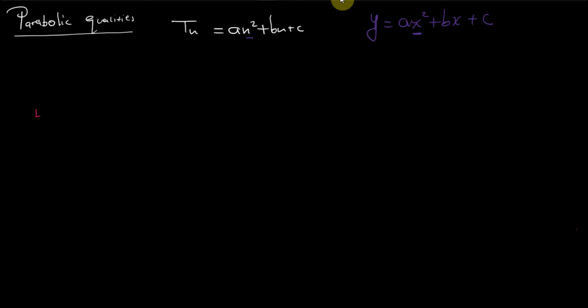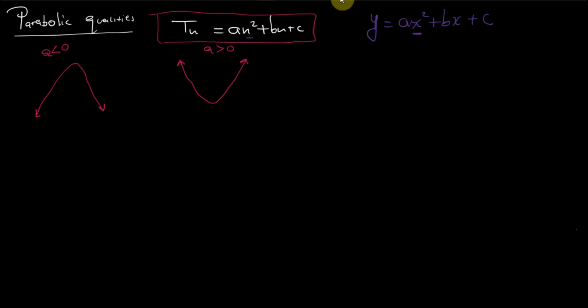So we know that a parabola can look like this or like that. This is when your a is less than 0, and this is when your a is greater than 0. Just like quadratic sequences, the same applies. When a is greater than 0, we're going to see this, and when a is less than 0, that's what we're going to see.